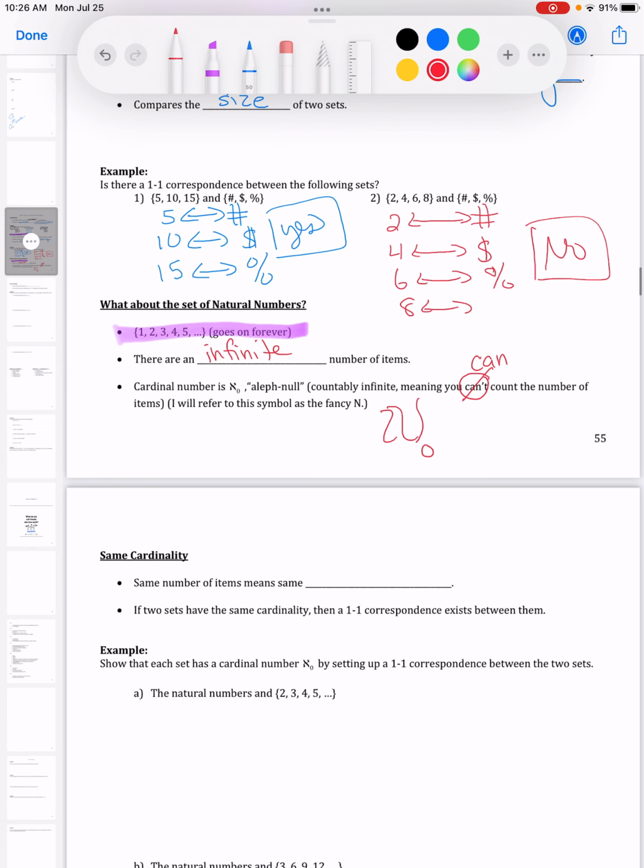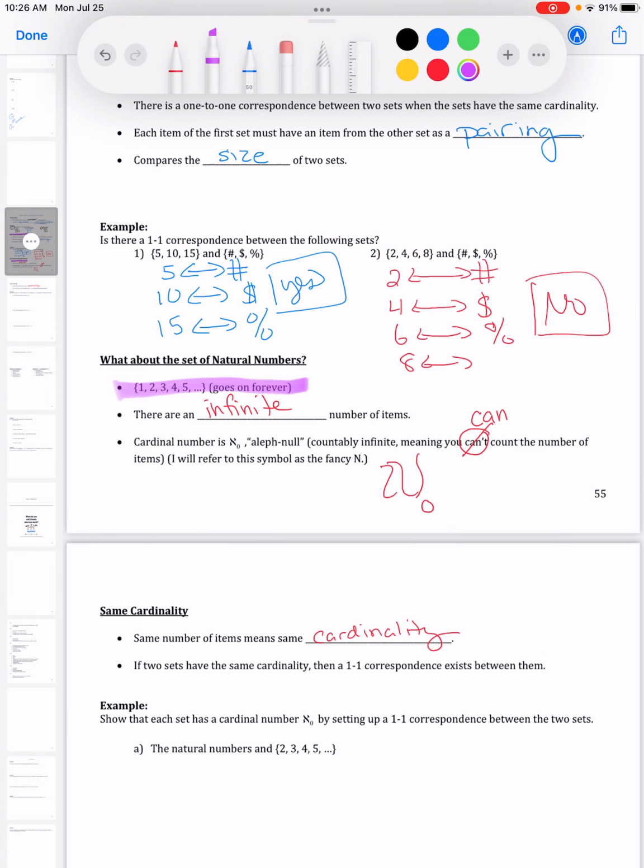All right, a few more things, then we'll jump into some problems. The same number of items, as we've already said, means that we have the same cardinality. So what we're going to be trying to do is set up this one-to-one correspondence between the natural numbers and this other new set. If they are the same, then this other new set also has cardinality Aleph null.